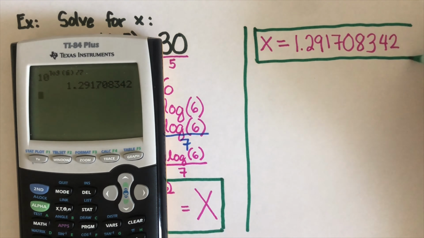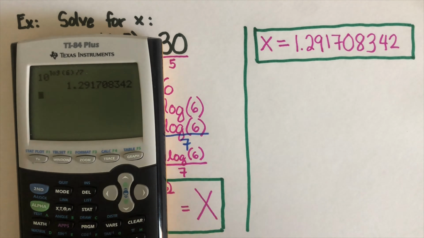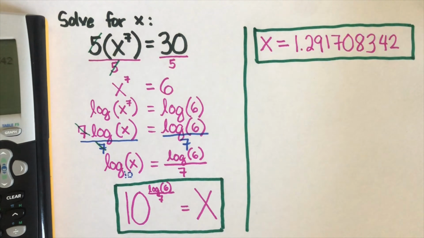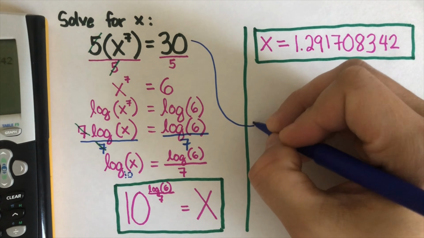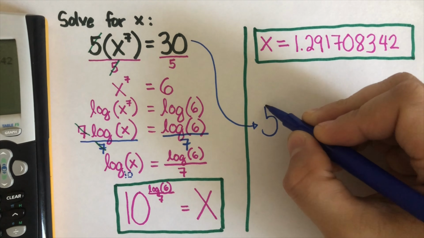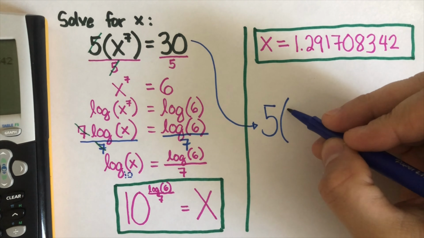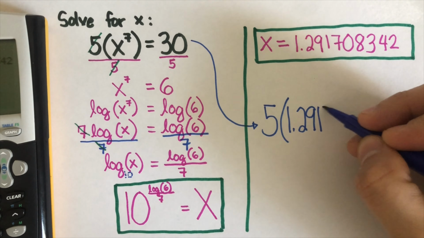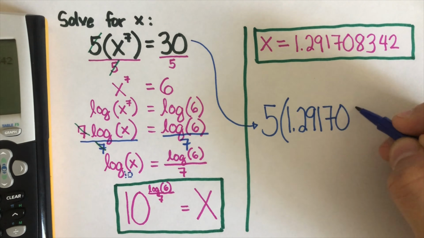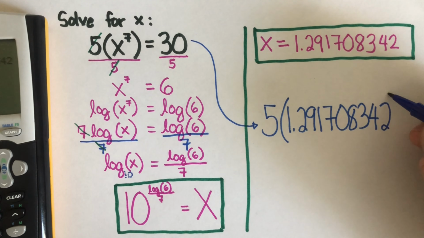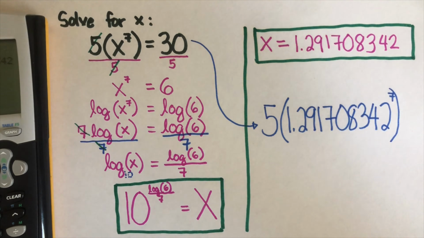Okay, now let's check this by putting it back into the equation. We're going to use this equation right here and check if this really works. So that would be 5 times 1.291708342 to the power 7, and we are testing whether this is equal to 30.